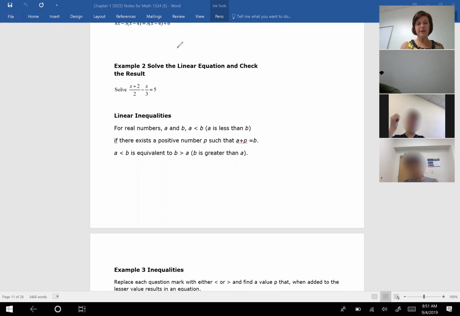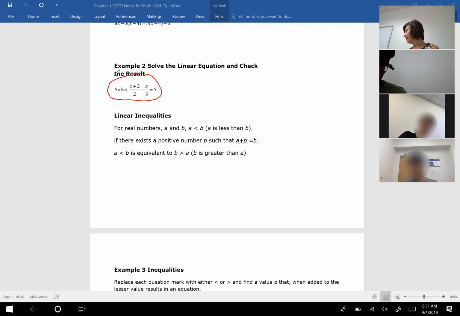All right, let's do this. If this is what I'm going to need to solve right here, if I were to ask you, would getting rid of the fractions make your life easier here? What would you say? Okay, at least Sarah would like to get rid of the fractions. I don't know about the rest of you, but think about it for a second.